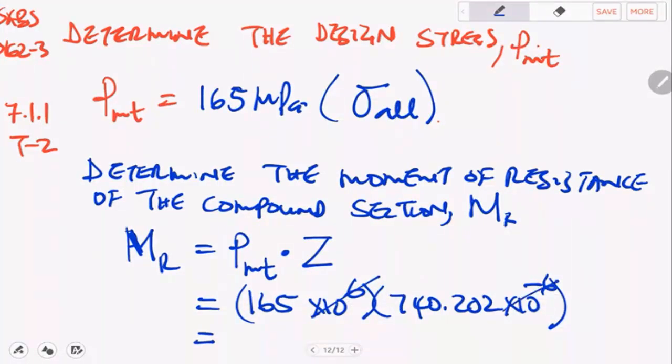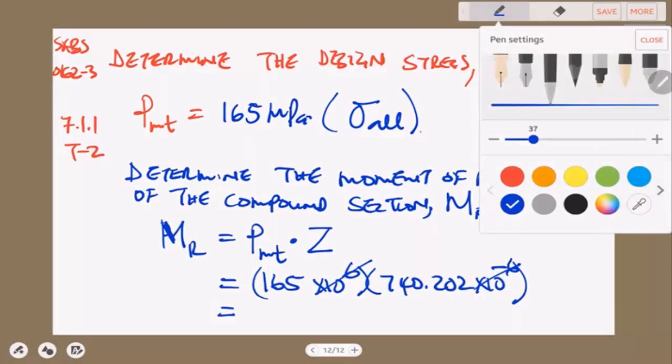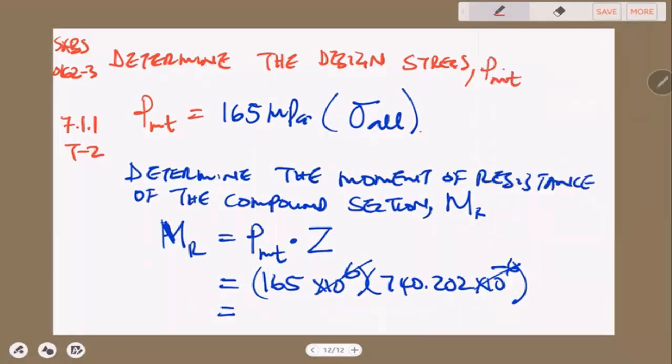You could have calculated this directly as 165 multiplied by 740.202, and then you get your answer in kilonewton meters.